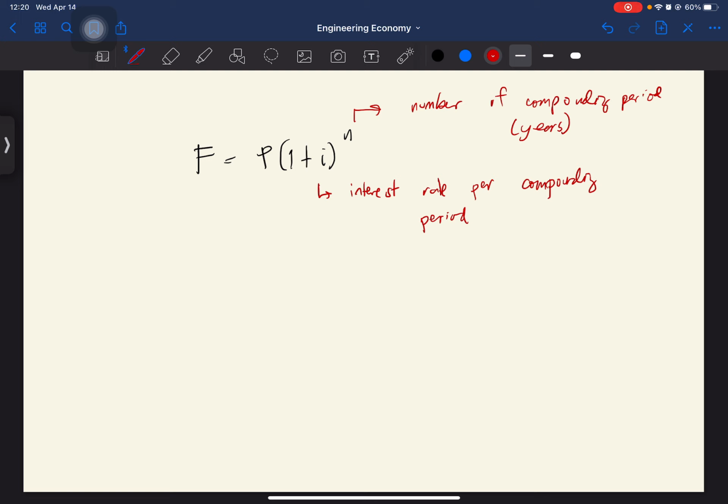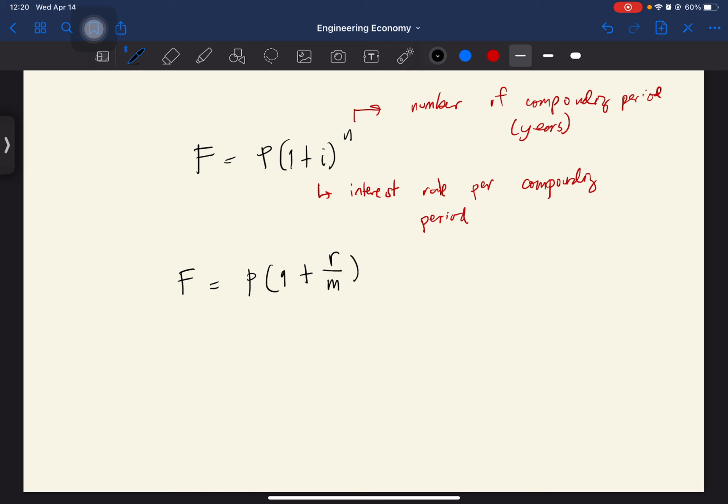Kaya, nagkaroon ngayon, nung pinasok yung nominal interest rate, nagkaroon ngayon ng panibagong formula pa. Pero panibago nga ba? Kasi ang sabi, F equals P times (1 plus R over M) raised to M times N, if the interest rate is nominal, then you denote that as R. Tama ba?